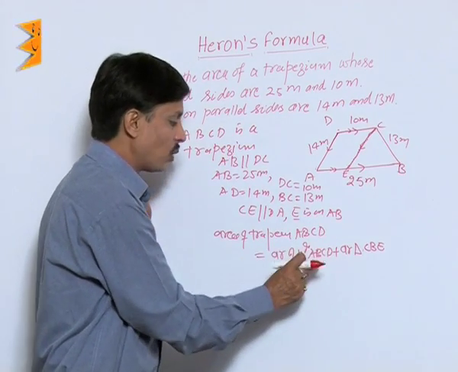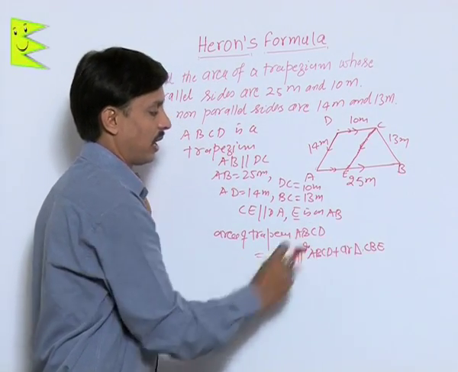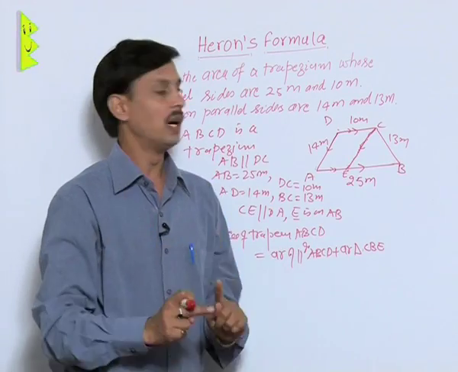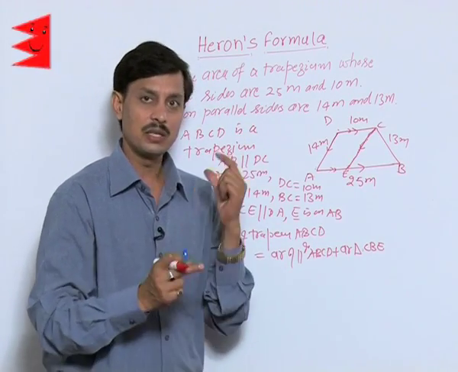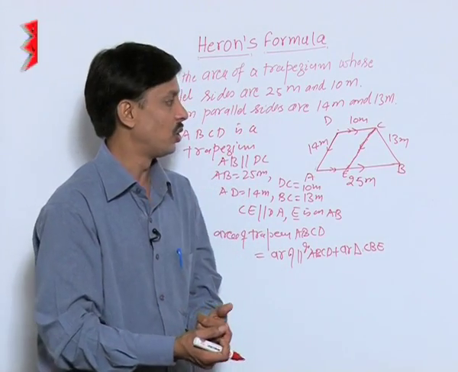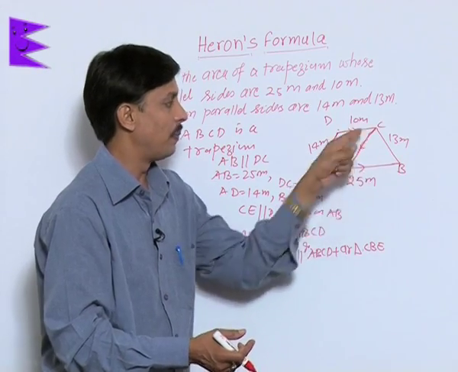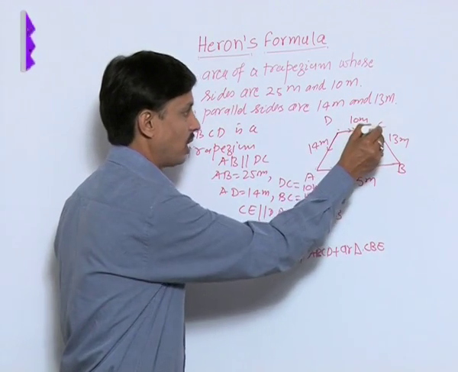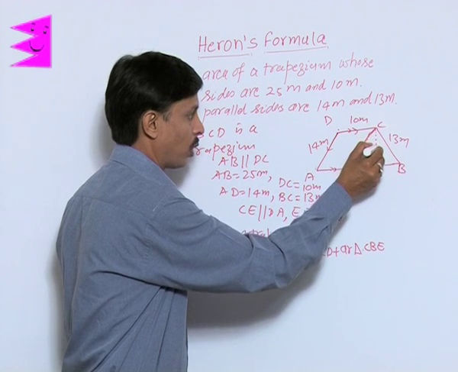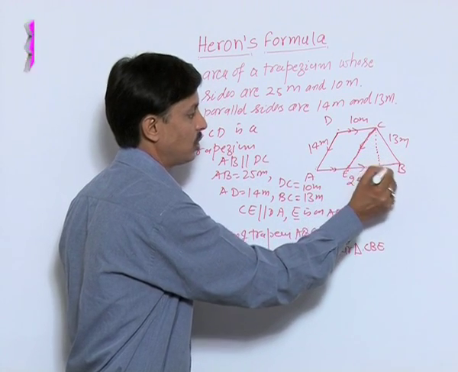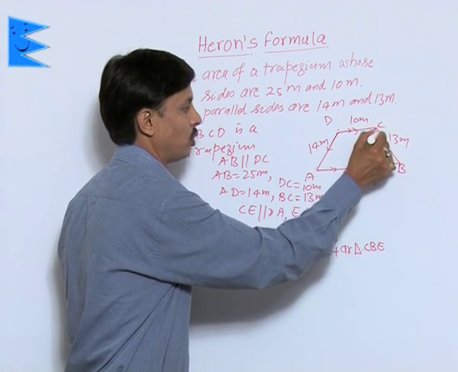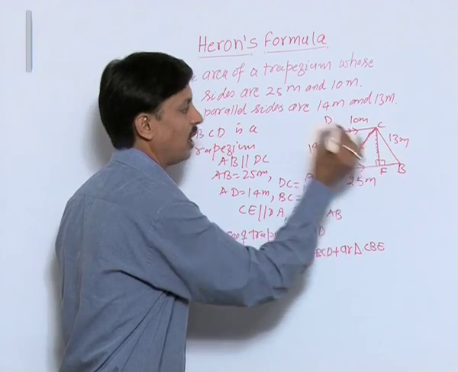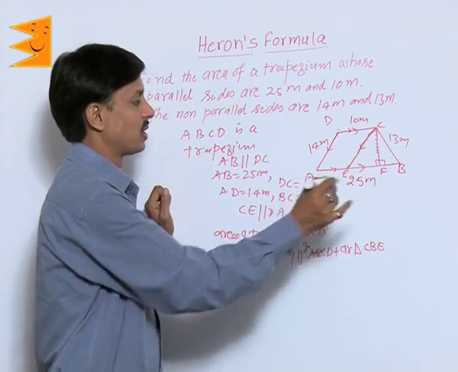So I need to calculate the area of the parallelogram and the triangle, but the area of the parallelogram is base into corresponding altitude and the triangle is half base into height. So ultimately I am looking for the height CF, that is the altitude. I have drawn the perpendicular from C to the side AB.